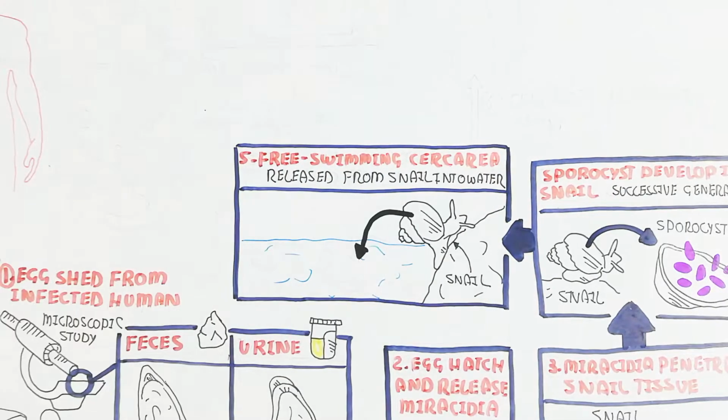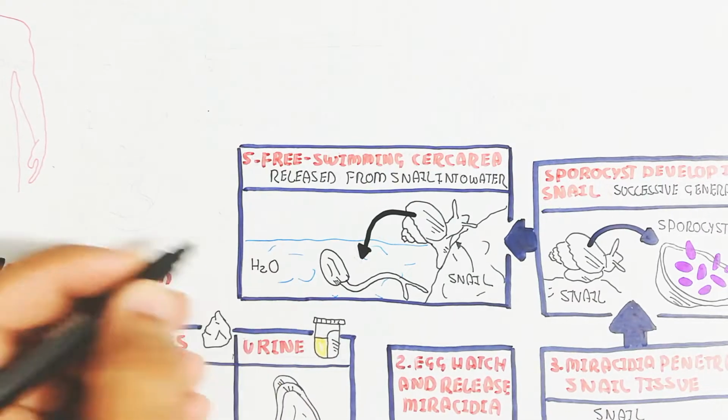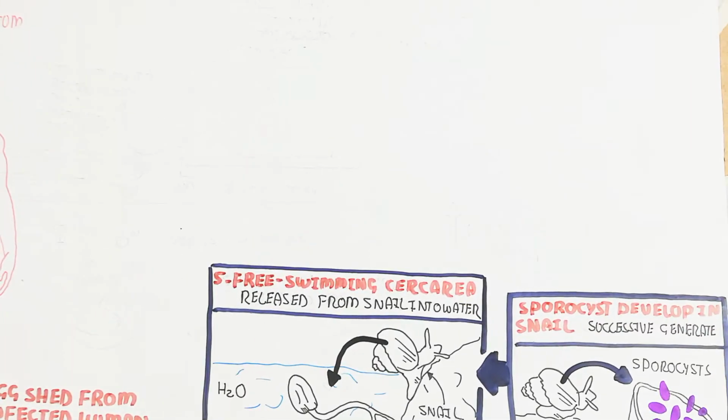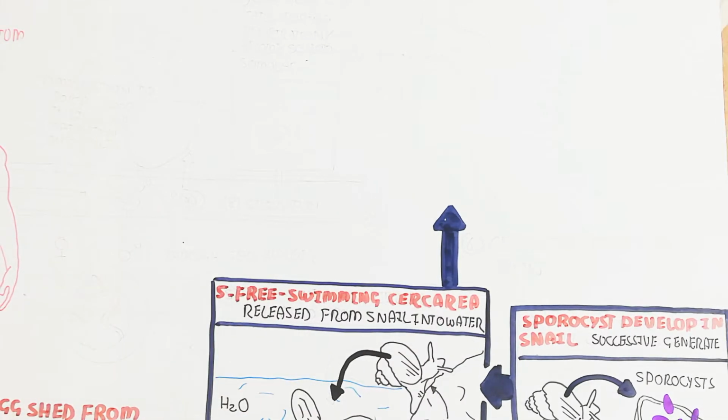When we drink contaminated water or walk in the water, the cercariae can penetrate into the human body through the skin, or through drinking the water or eating contaminated food.